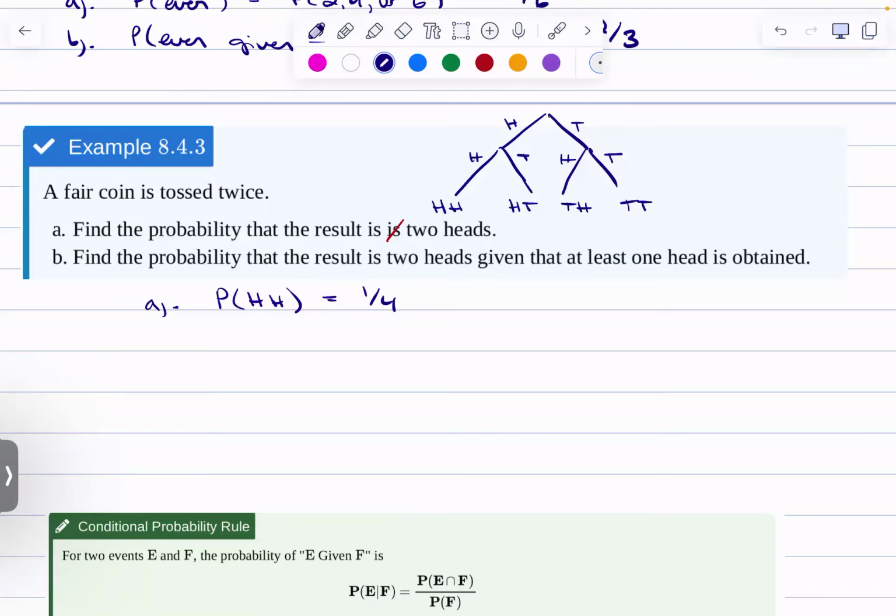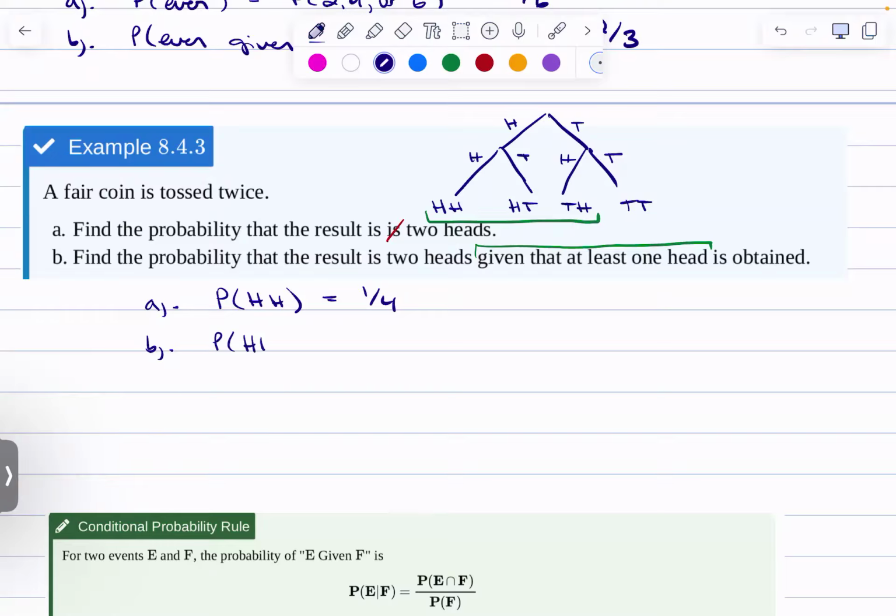What if we have to find the probability that the result is 2 heads, given that at least 1 head is obtained. Now you're restricted, right? You know that it has to be one of these 3, and HH is one of those 3 possible outcomes. And so here, given that at least 1 head is obtained, puts me out of 3 instead of out of 4. It adjusts the probability.